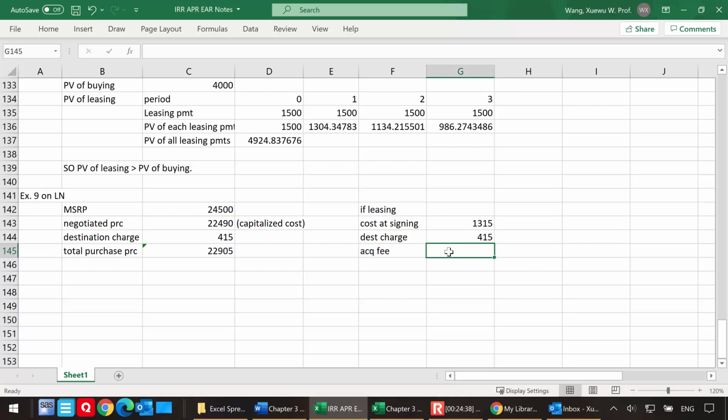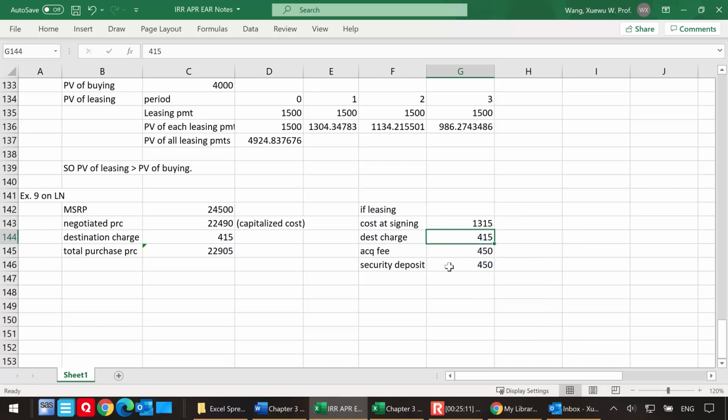I'm a dealer, I have to acquire this car for you because that's what you want, so I'm charging you $450. And then you also have the security deposit, which is another $450. The dealer says the security deposit is refundable. If you honor this lease, at the end of the lease you can get your $450 back. So the total is $1,315.